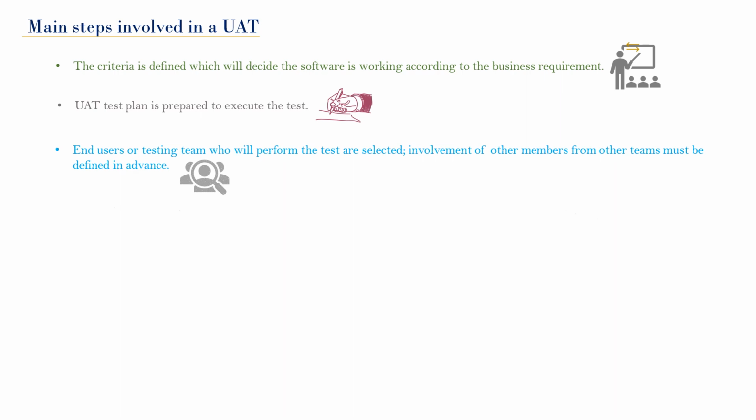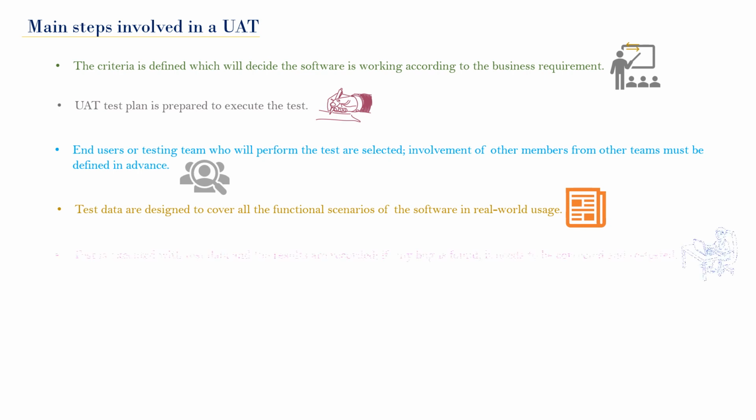Involvement of other members from other teams must be defined in advance. Test data are designed to cover all the functional scenarios of the software in real-world uses. Test is executed with test data and the results are recorded.